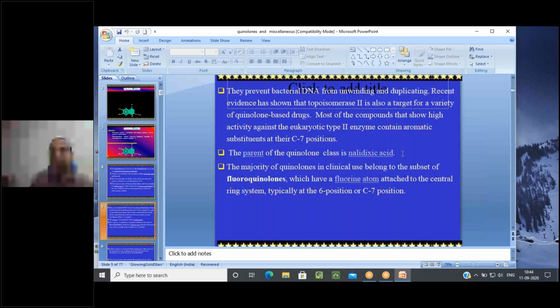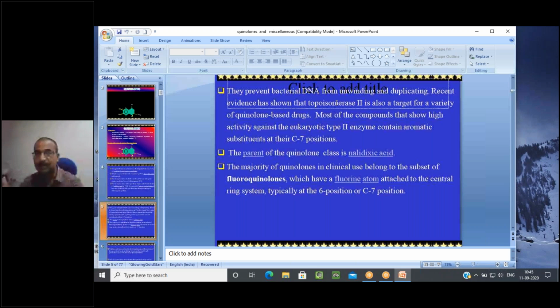Here, these have their own style of mechanism of action: they prevent bacterial DNA from unwinding and duplicating. Unwinding and duplication of DNA is important for the formation of new cells.